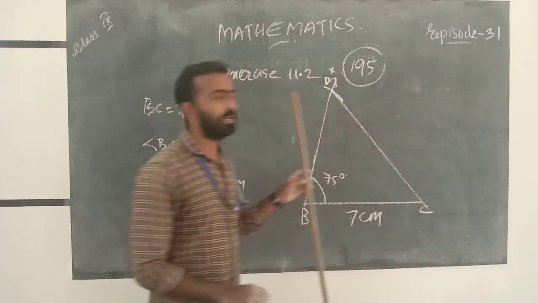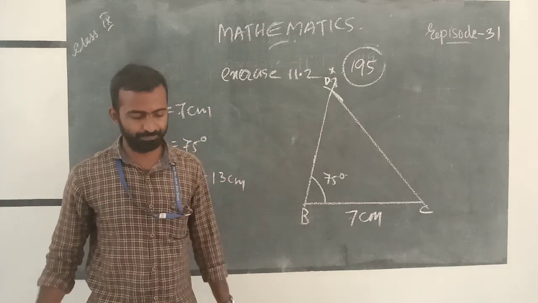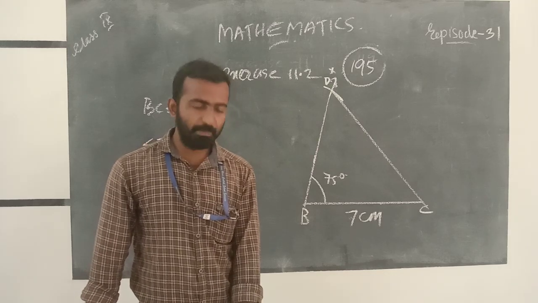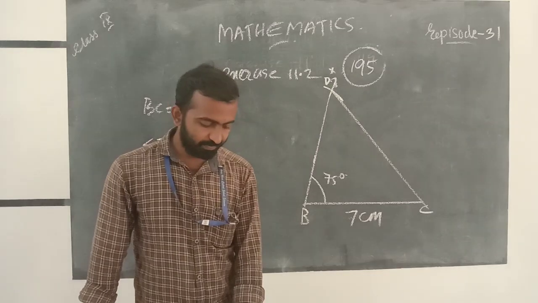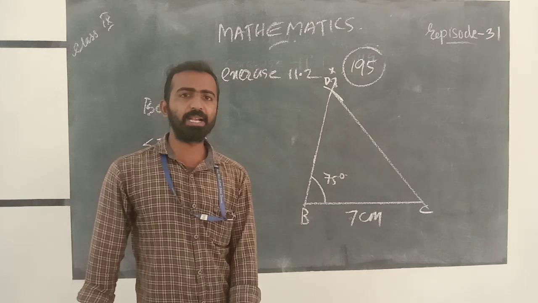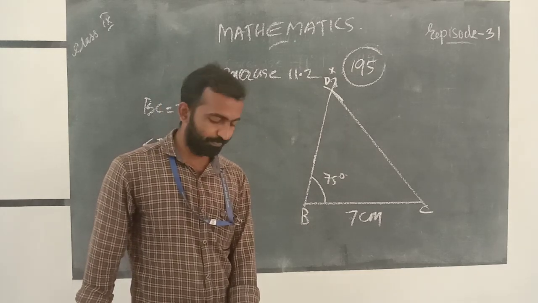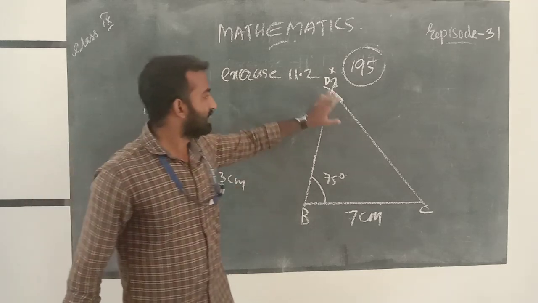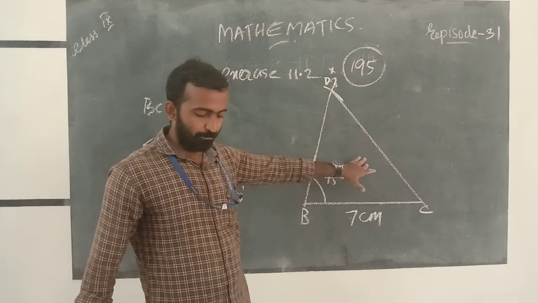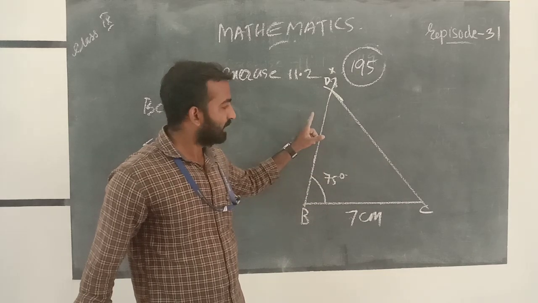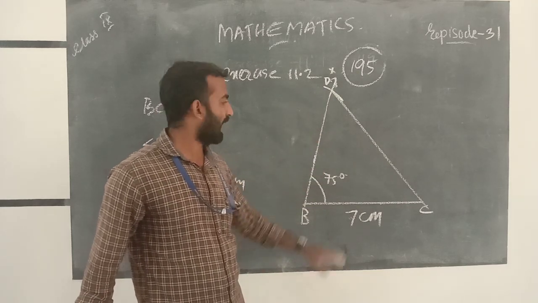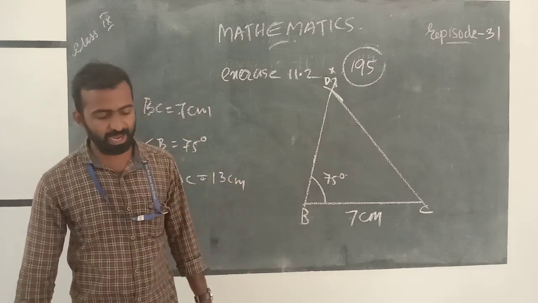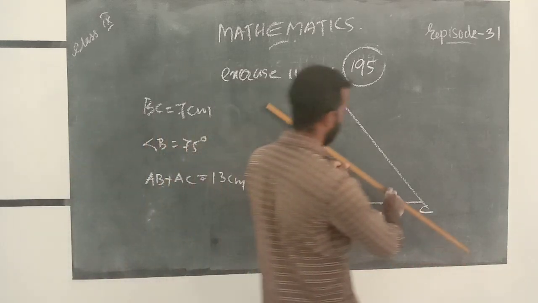We join the line DC. And next we make the angle DCY, that is, we draw a line from C to Y.